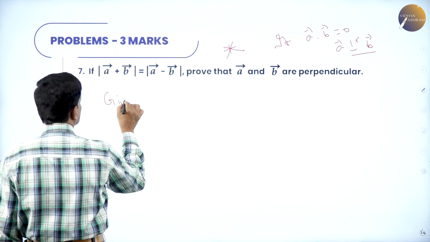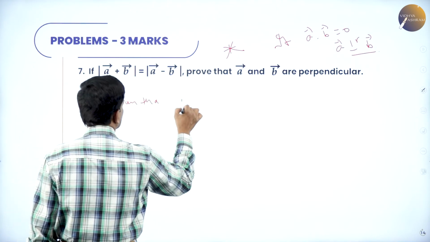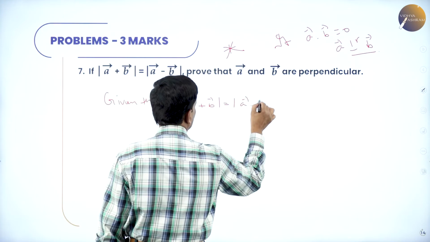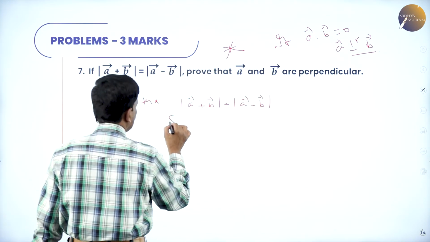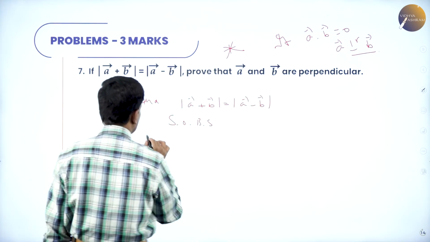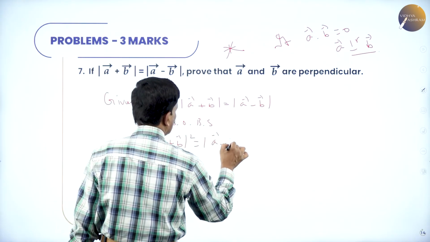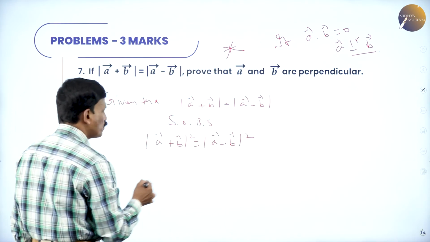Given that length of vector A plus B is equal to length of vector A minus B. Squaring on both sides, length of vector A plus B whole square is equal to length of A minus B whole square. Apply the formula.